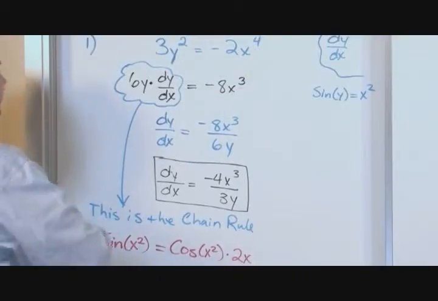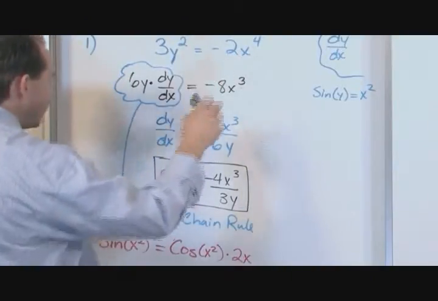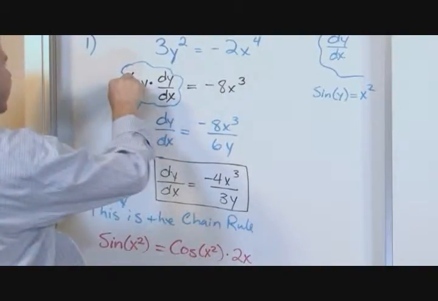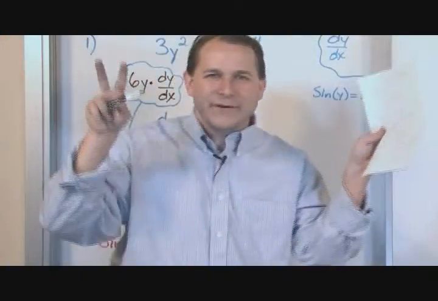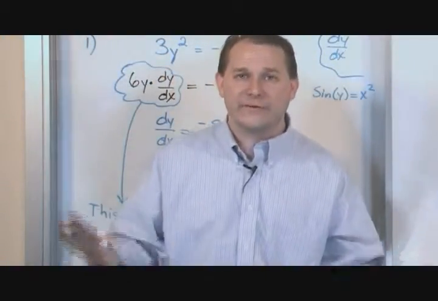And then you have to multiply by the derivative of the inside. Just like we're doing here, the derivative of the inside is 2x. In this case, the inside function is just y. We don't know how y depends on x. That's what we're trying to find.